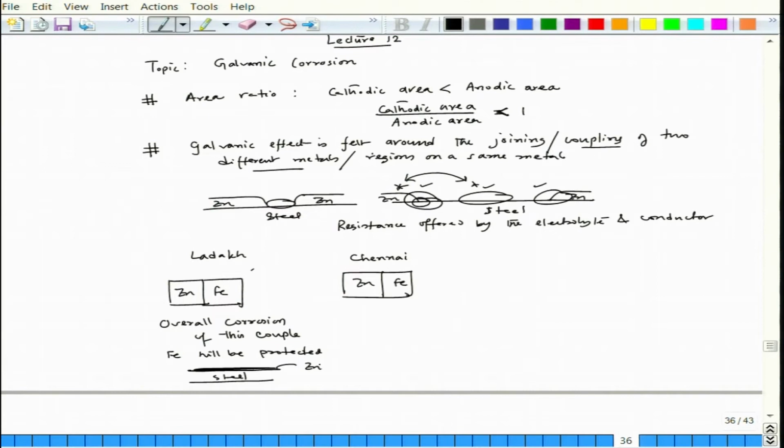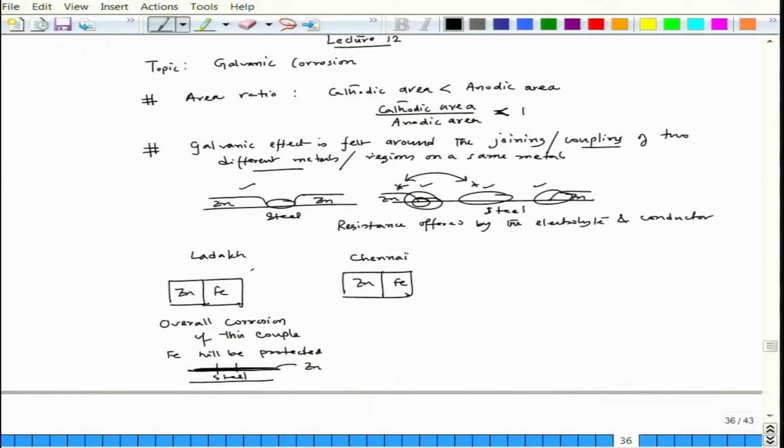And that time you have some portion which is exposed to the environment because of mechanical erosion or mechanical damage, and the kind of situation what you see here. It will get protected, but the overall weight loss of that component would be less.